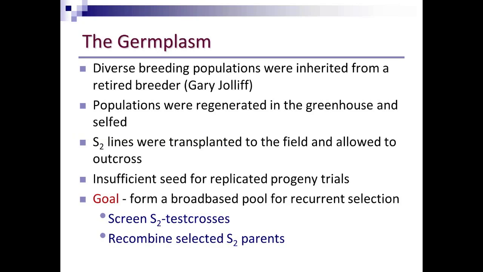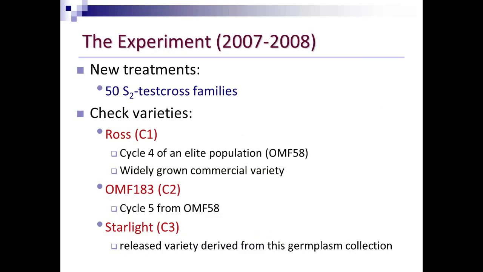This is the first time that we had tried using an S2 test cross system in Meadowfoam, so I didn't have all the details worked out, and we didn't have sufficient seed for replicated progeny trials. Our goal was essentially to form a broad-based population for recurrent selection, so we wanted to screen the S2 test crosses and then select the best S2 parents for recombination.